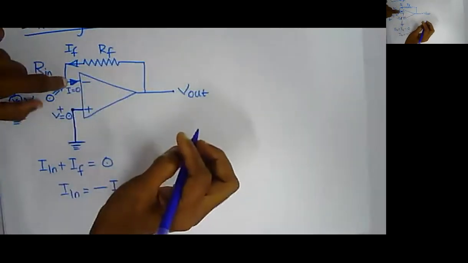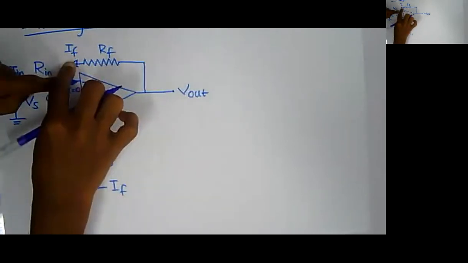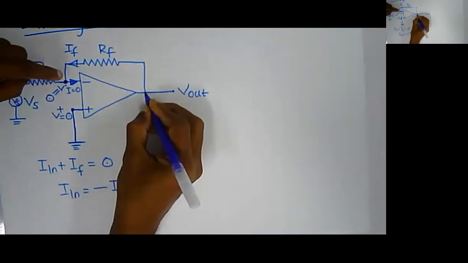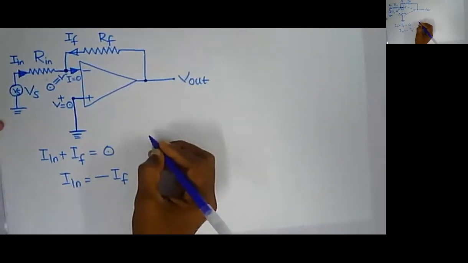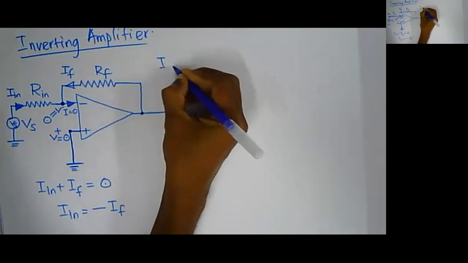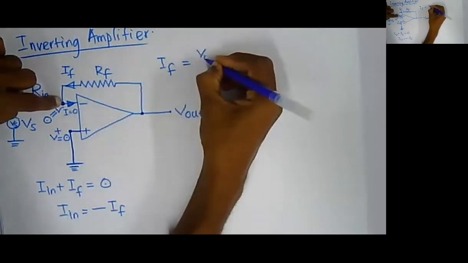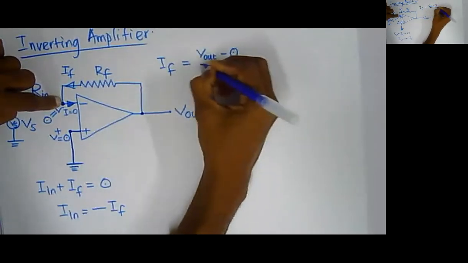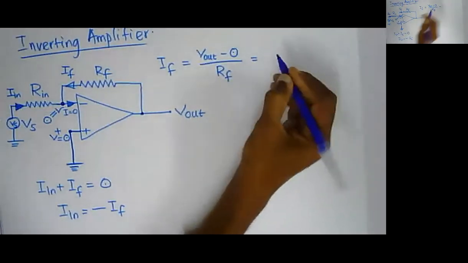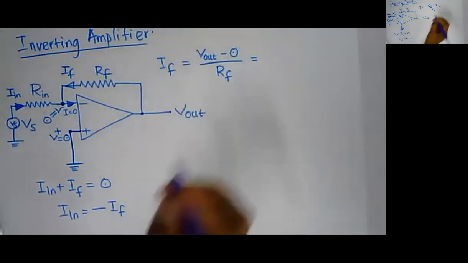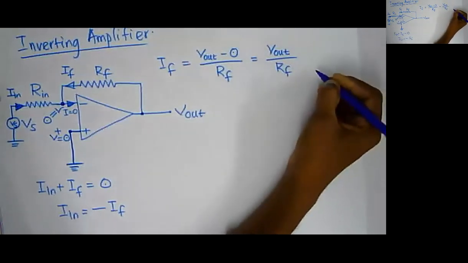If this voltage is 0, we can easily define If. Here is V out, here 0, so what will be my If? If will be the potential difference between these two points divided by the resistance. So If is equal to V out minus 0 divided by the resistance Rf, which is simply V out by Rf.